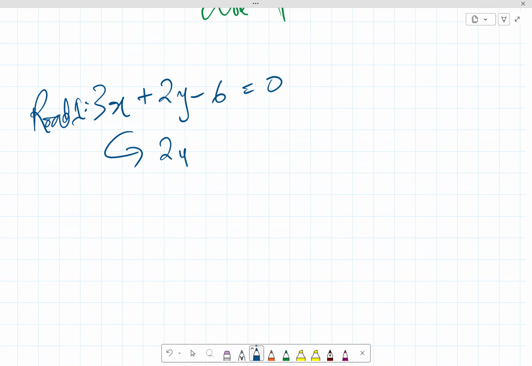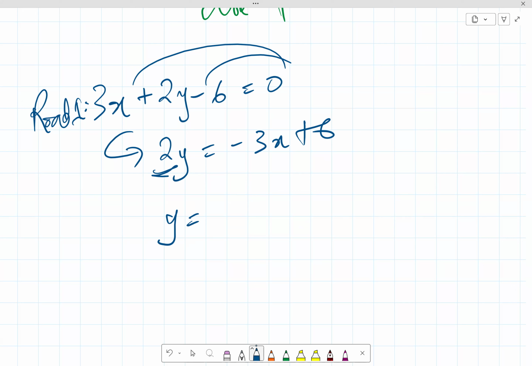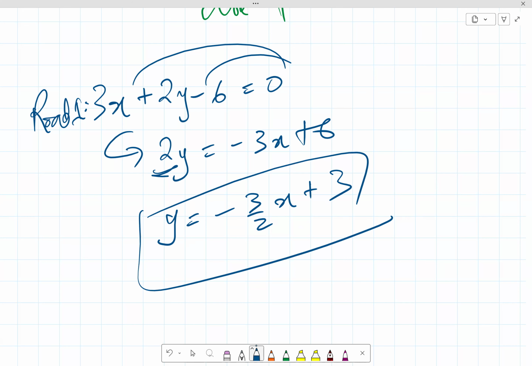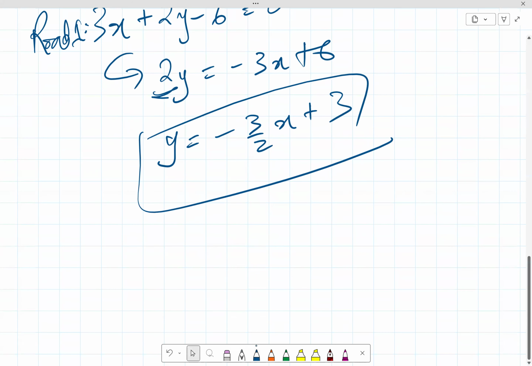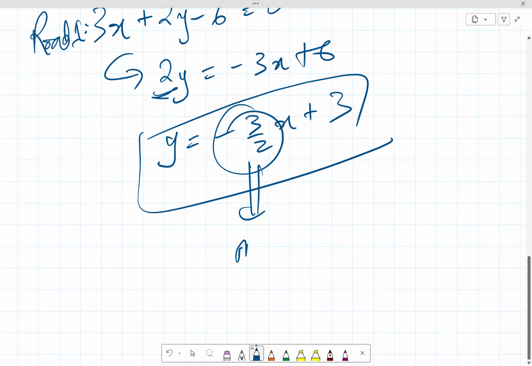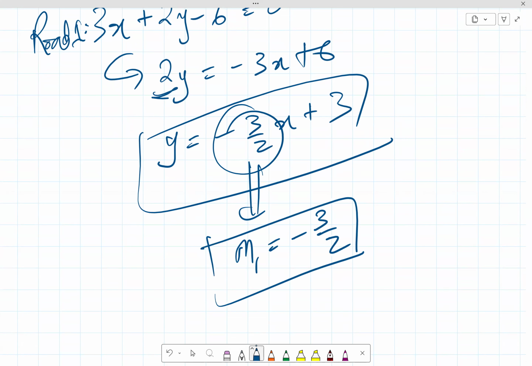So we have 2y = -3x + 6, as if we transfer these to the other side. Divide by 2 so that y can be alone. So you have y = -3/2 x + 6/2, that's 3. So here the slope m1 is equal to -3/2. We need that slope.